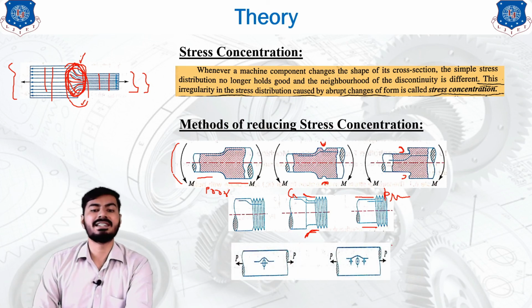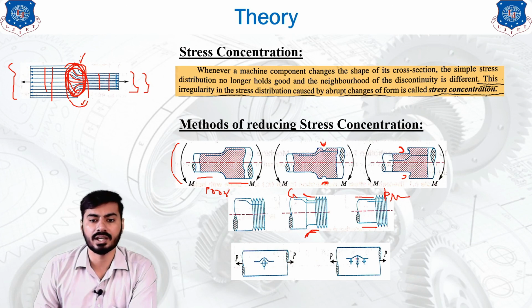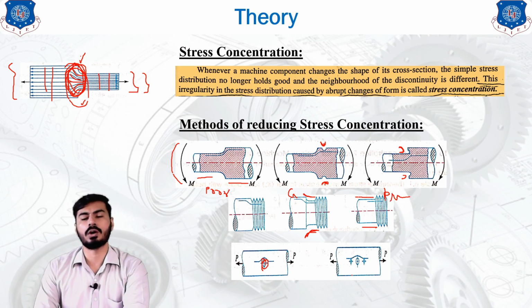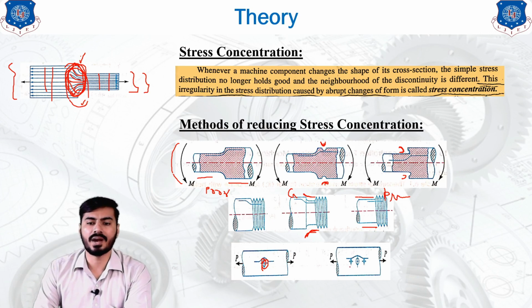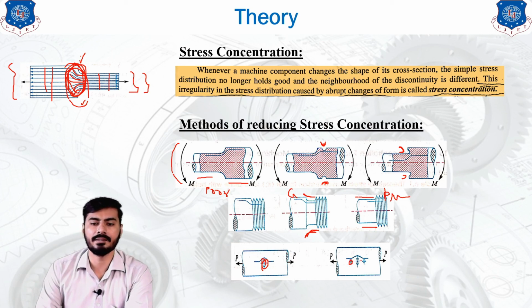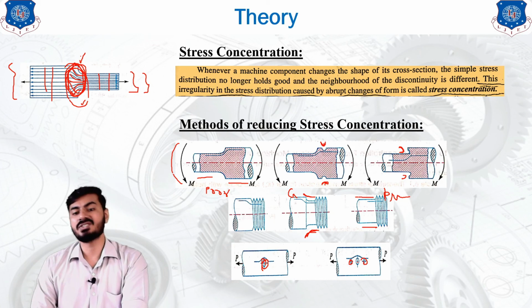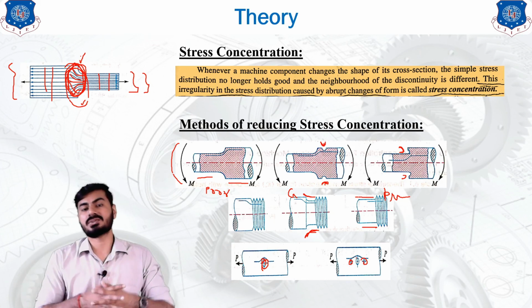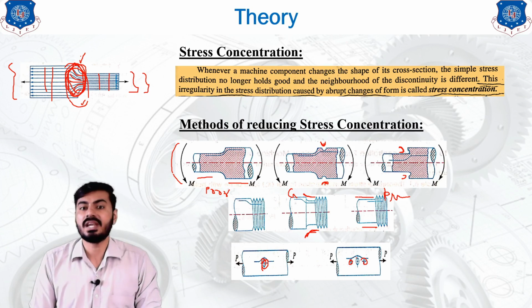And if you are designing a component which contains a hole in the middle, then the hole will suddenly reduce the cross section area at that spot. If you want to reduce the stress concentration, then you can provide two different smaller holes beside the major hole, and these small holes will reduce the cross section area gradually, and that's why the stress concentration in the material will be reduced.